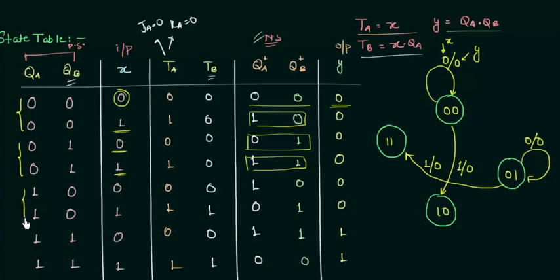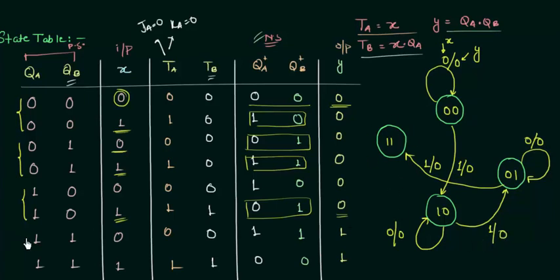Then we will analyze these 2 cases. When I am on S2, 1 0 is my S2. If input is 0, I am going to be on 1 0. It means the same state. The input is 0 and output is 0 again. If the input is 1, I am going to be on 0 1. 0 1 is S1. It is when input is 1 and output is again 0.